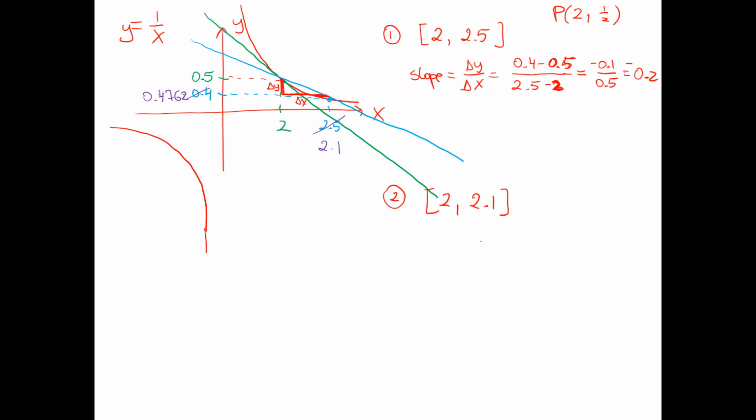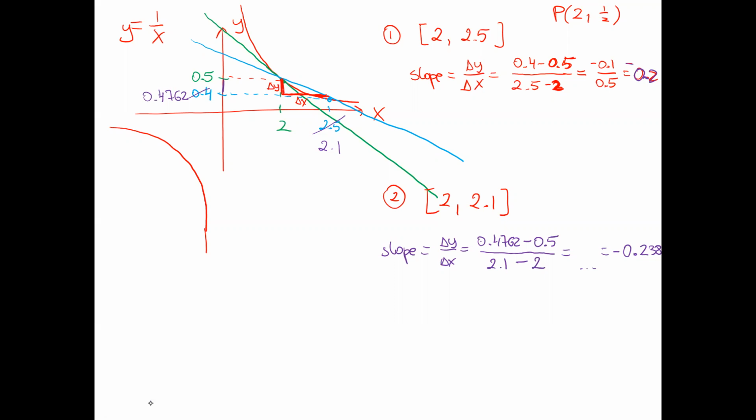Now the same thing: slope is the change in y over the change in x, so 0.4762 minus half, still this one, over 2.1 minus 2. You can check with the calculator, the slope is negative 0.238. The previous one was negative 0.2.